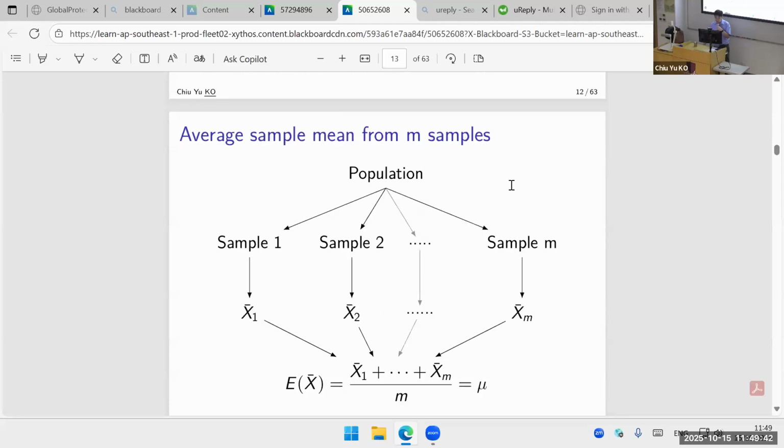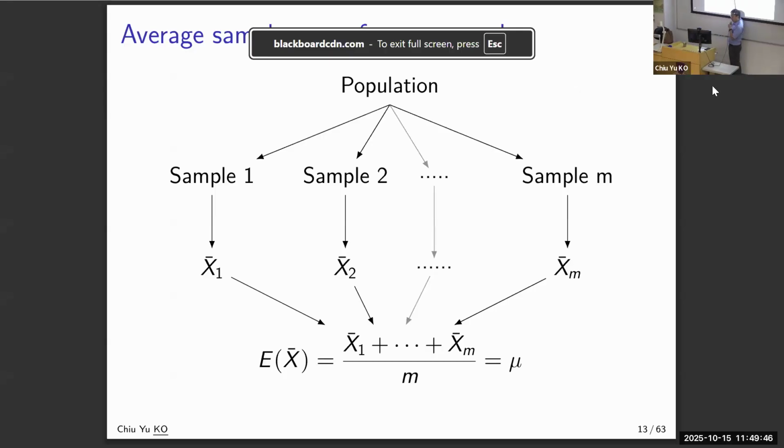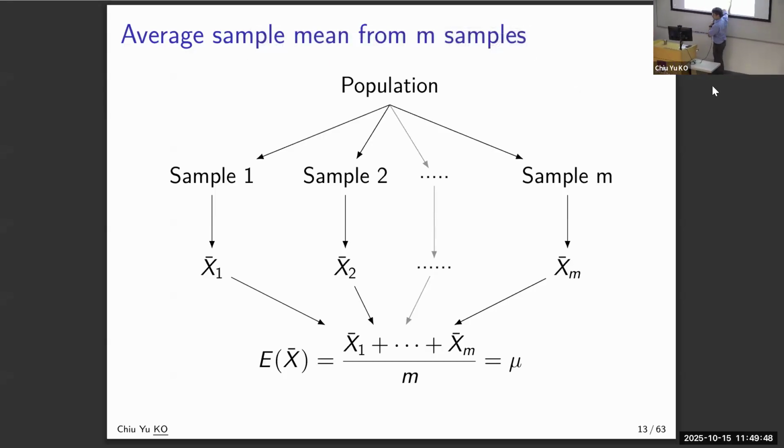So the idea is like this diagram. You have sample one, you get a sample mean; sample two, get a sample mean; sample m, sample mean. But this realization depends on what they are. And it turns out the average of these is exactly mu. So m can be as many as you want, and the mean of the sample means is the population mean.